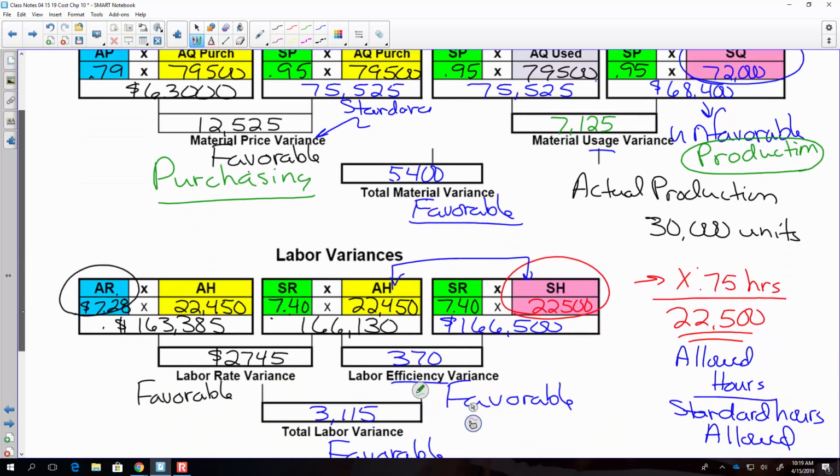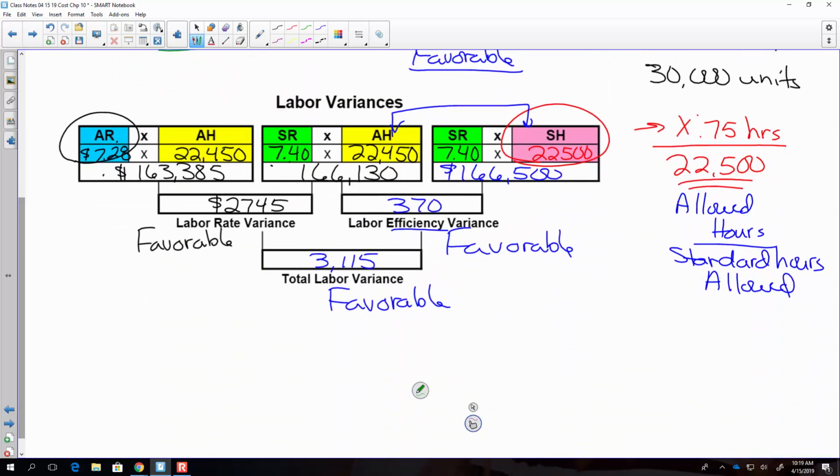How about the labor rate variance? Who's responsible for that? HR and production. Because the reason that they are partially, possibly, is maybe there's some overtime that was added.